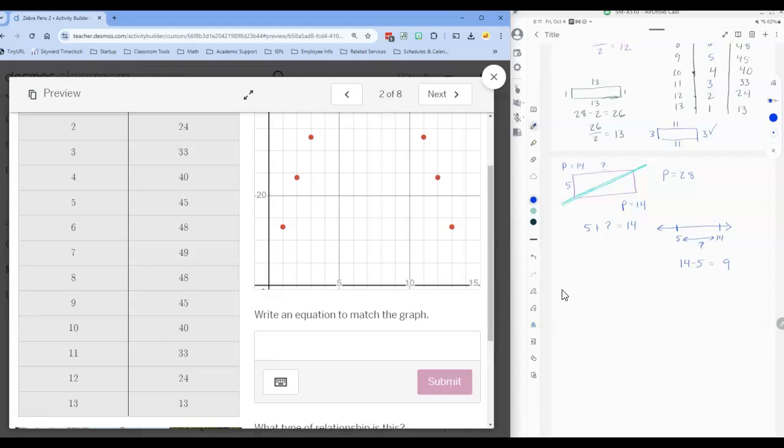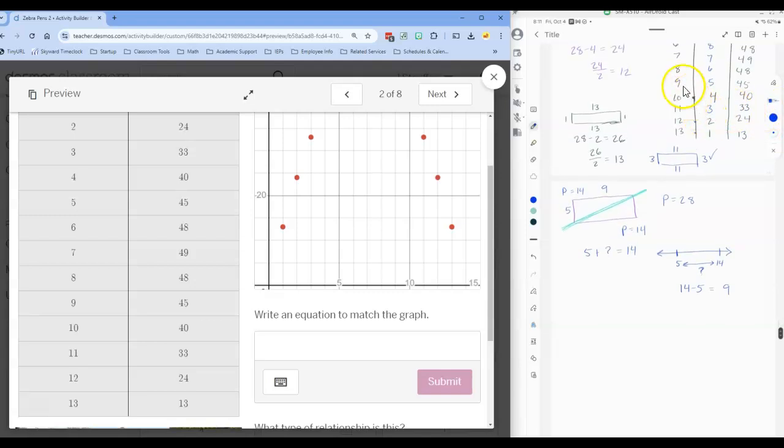So we would say this is going to be 9. Okay, so we'd have dimensions of 5 and 9. And actually, if you come up here to the table, you can see that right here, 9 and 5. Okay, so what if, instead of 5, we chose 4?